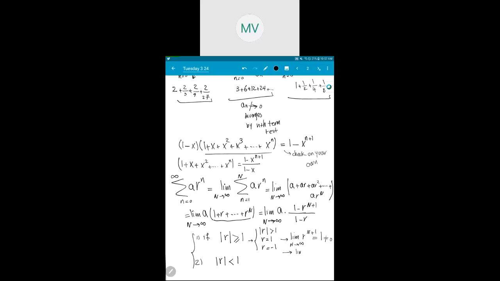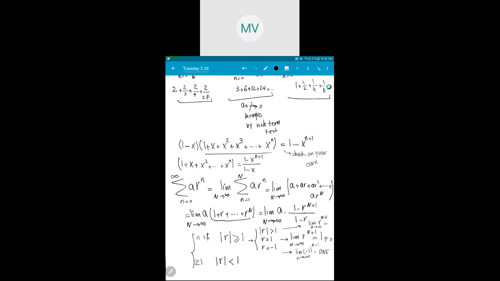How about the case when it's negative 1? We already talked about this multiple times. What is the limit of negative 1 to the n plus 1, n going to infinity? That one does not exist. The easier one is when the absolute value of R is bigger than 1.